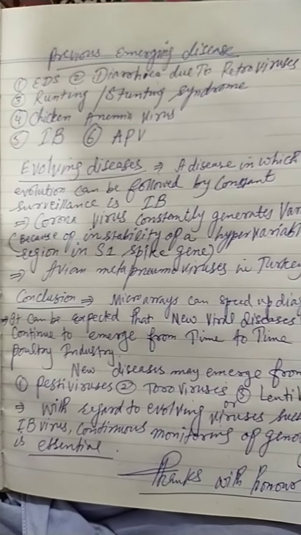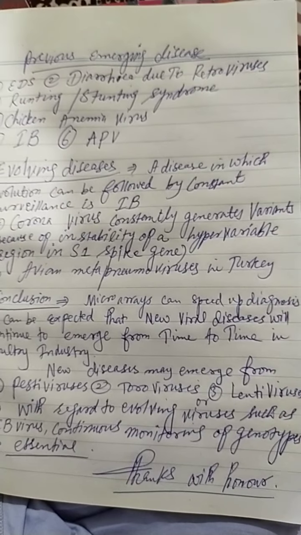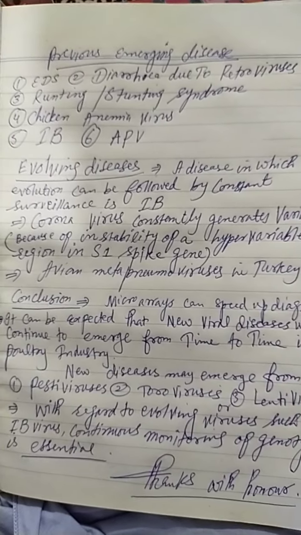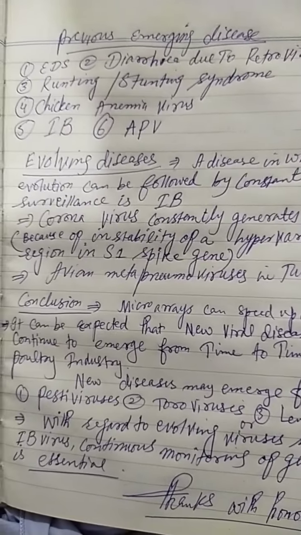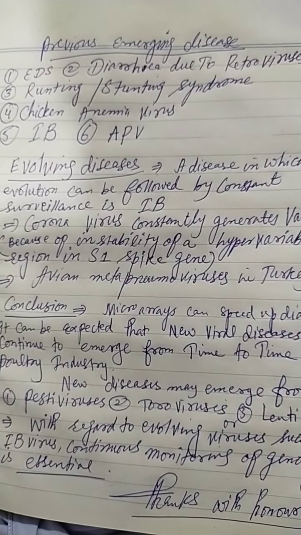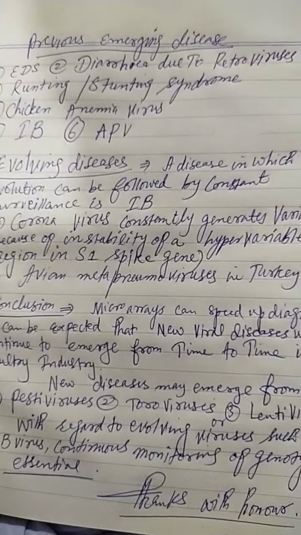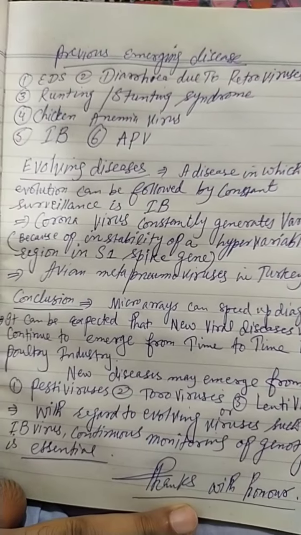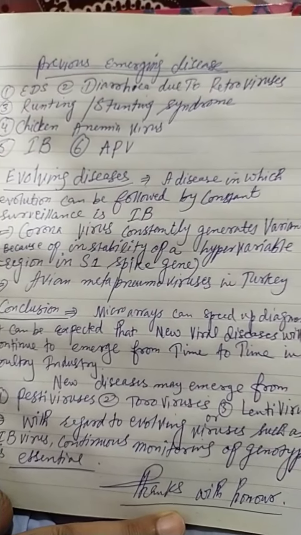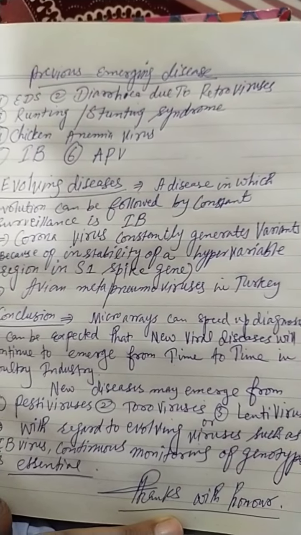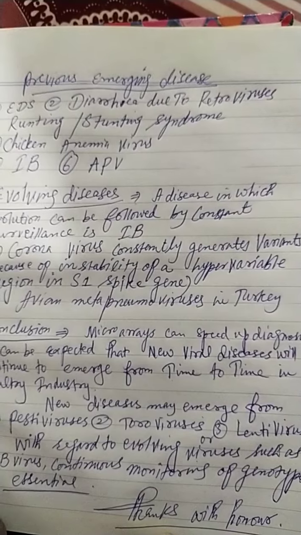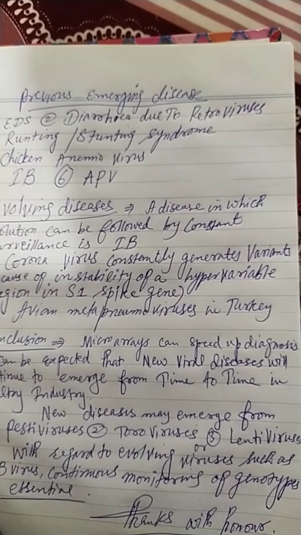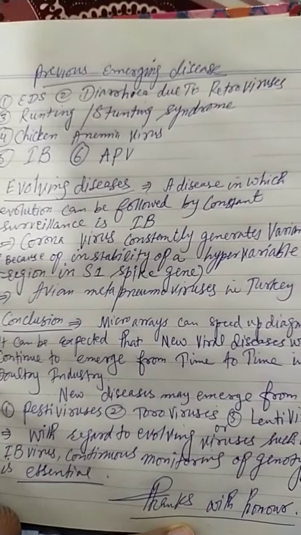Conclusion: it can be expected that new viral diseases will continue to emerge from time to time in the poultry industry. New diseases may emerge from pestiviruses, toroviruses, or lentiviruses. So microarrays can be used to speed up diagnosis.